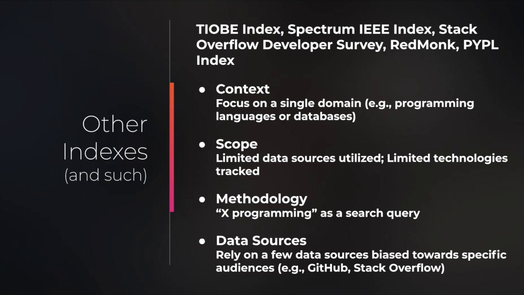And because they're focused on a single domain, they're tracking a much more limited set of technologies, like the top 50 programming languages. Their methodologies, to keep things doable and easy to maintain, are generally some variation of searching for X programming in a search engine, be it YouTube or Google search or whatever.